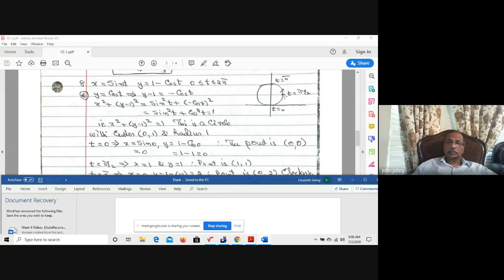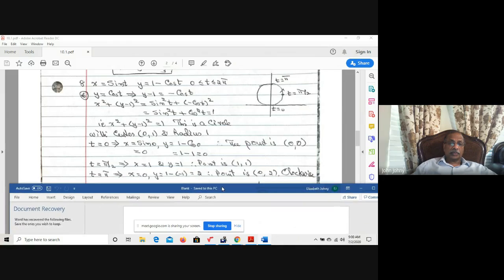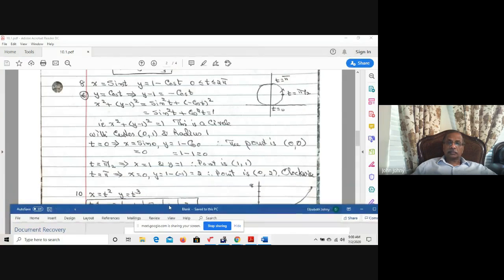So that point is here. And then t is equal to pi, x is sine pi, which is 0, y is 1 minus cos pi, which is 1 minus negative 1, which is equal to 2. So the point is here, and as t approaches 2 pi, it comes back to the origin. So that is the graph.